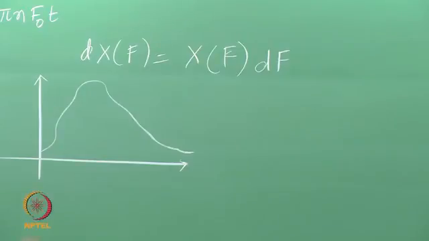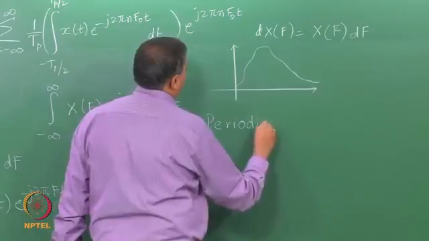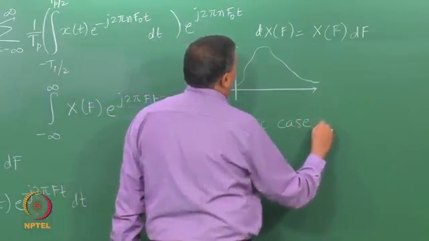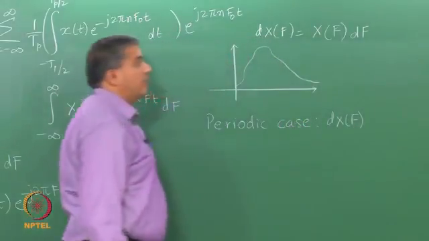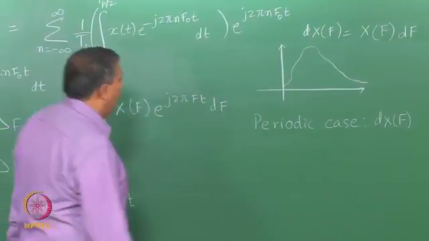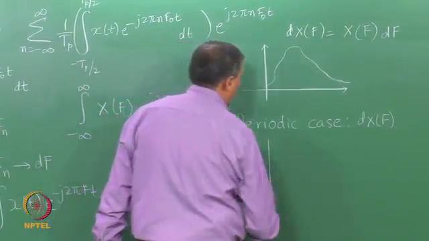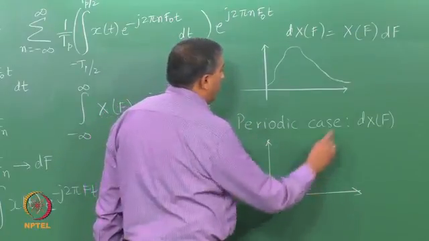Whereas, for the periodic case, dX of f is not continuous, but has a step like behavior as you see on the slide. It is only defined at specific points on the frequency.